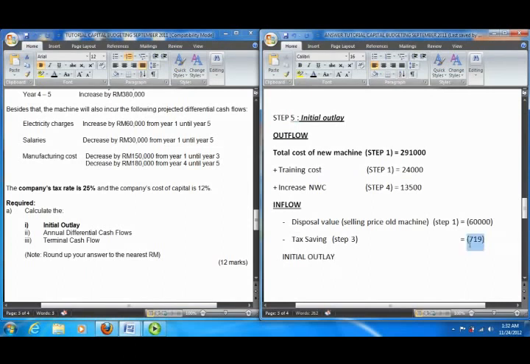So what is the total for initial outlay, class? Calculate. So your initial outlay is 267,781. You have answered the first question: 267,781.